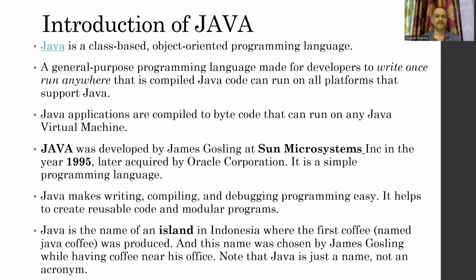So if I've compiled that particular program on one machine, one operating system, and if I want to copy that compiled file to another machine like Linux, another operating system, we can do that easily, and that code is going to run on the Linux machine as well. So we can say Java supports all types of platforms. That is a very fine feature of Java programming.